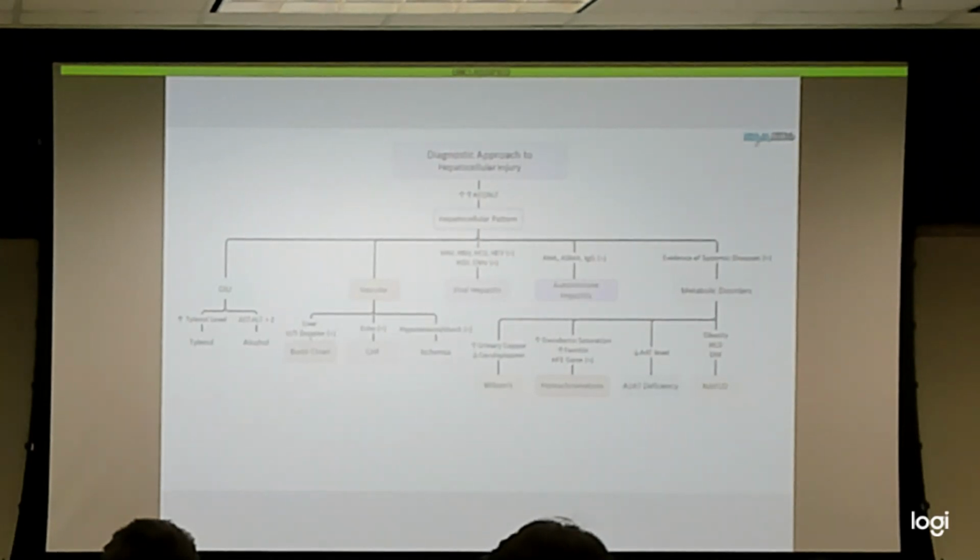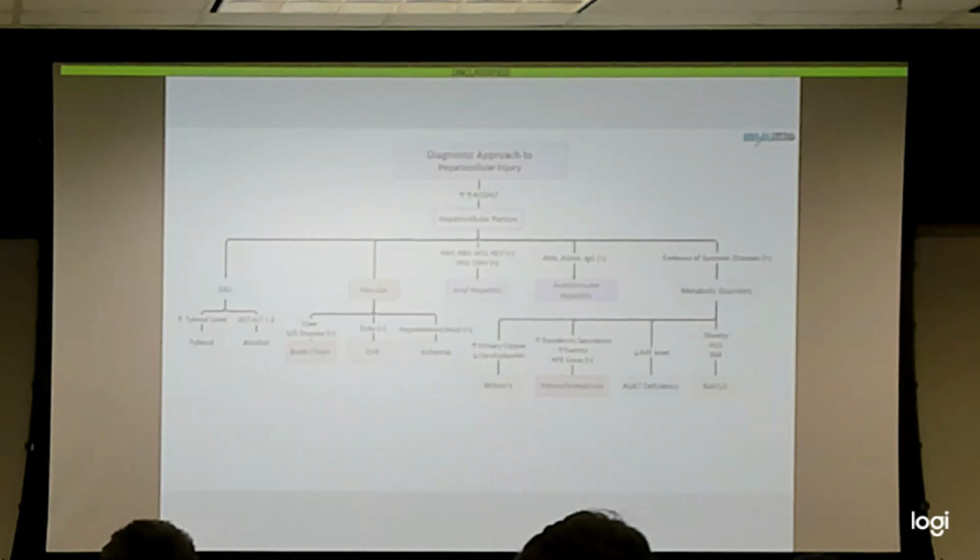And if you go all the way to the left, DILI is a drug-related injury to the liver. And so those two are like Tylenol, alcohol, and then you're looking at vascular. So, we talked about Budd-Chiari, where you have a clot somewhere in the vasculature. CHF is going to cause some liver issues, and then ischemia.